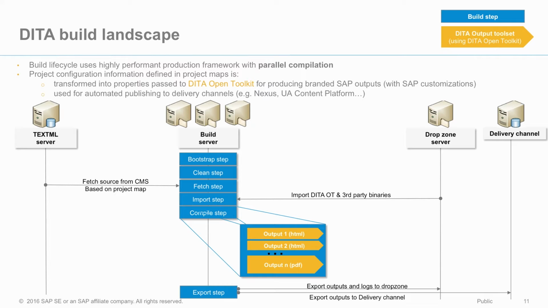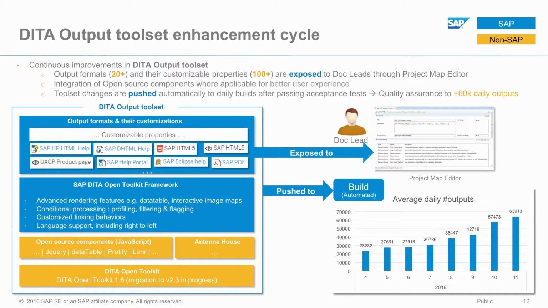So now if I drill a bit more into the DITA output toolset, what has been done here? Again, we have the orange side and the blue side. We are relying on DITA Open Toolkit. We are using, as I mentioned before, some cool open source components, some JavaScript components, for basically a better user experience, using, for example, Prettify functionality, data tables, and so on.